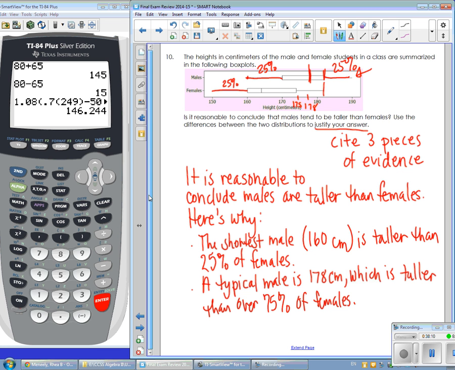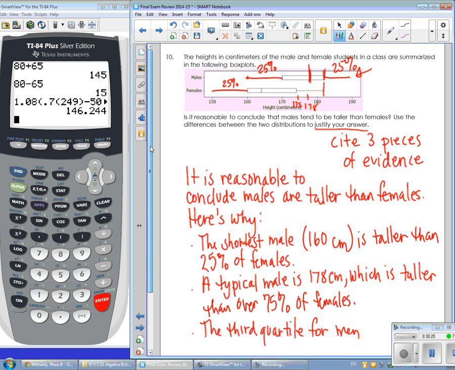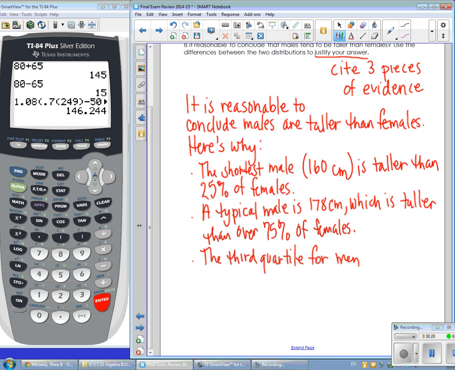Since the 3rd quartile for men, that value looks like maybe 182, is the same as the maximum height of the females.